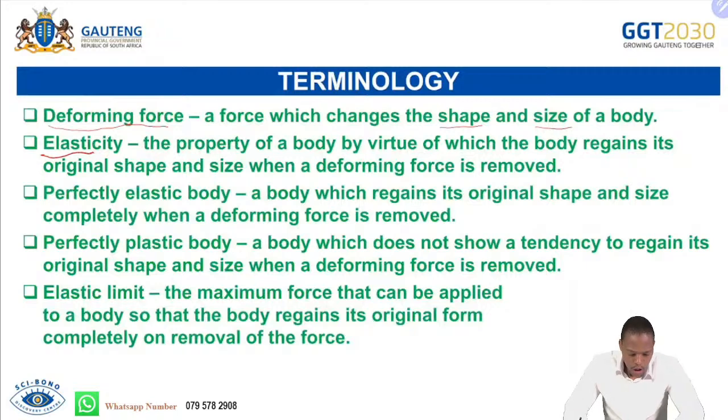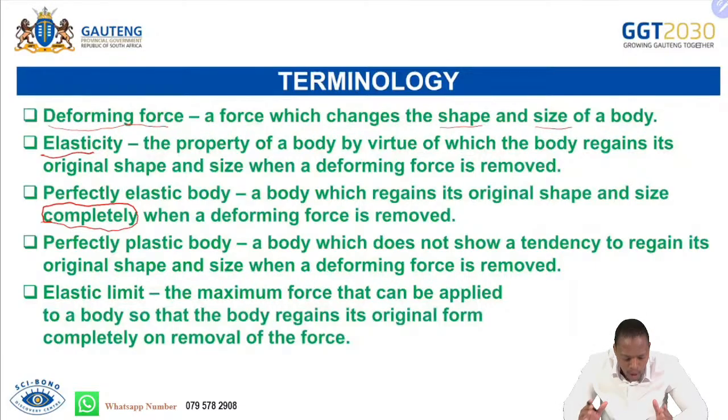We'll also talk of perfectly elastic bodies as a body which regains its original shape and size completely. The word there in this definition, taken from the examination guideline grade 12, the word completely is a key word. Some bodies will regain their original shape and size, but they do not regain them completely.